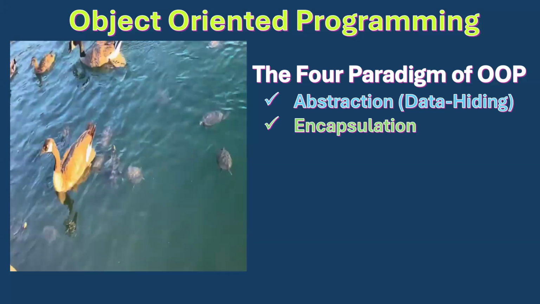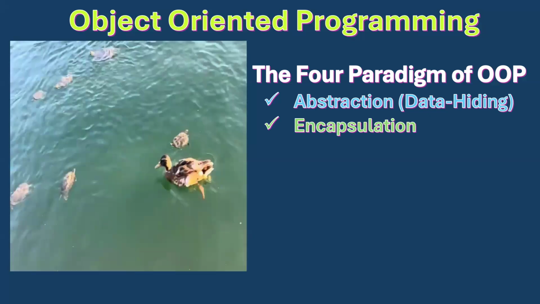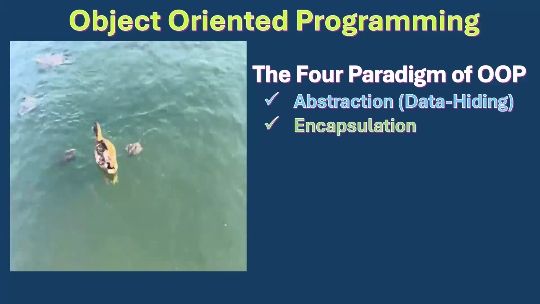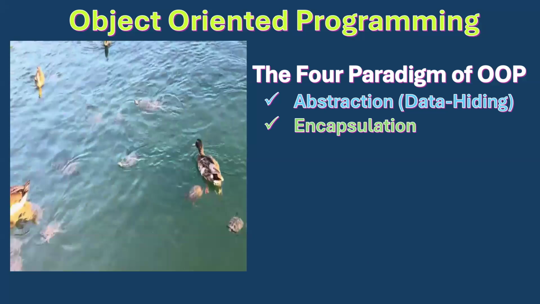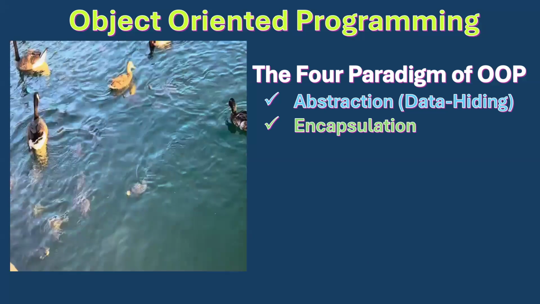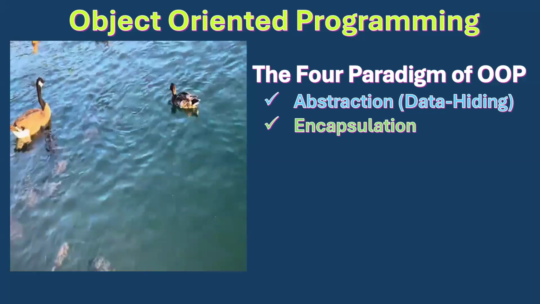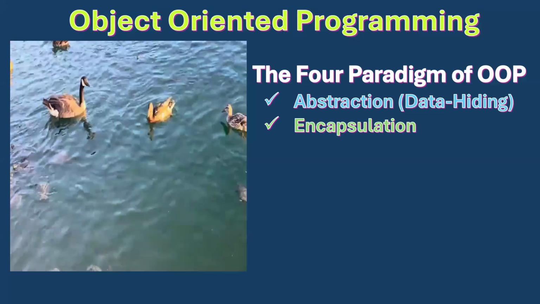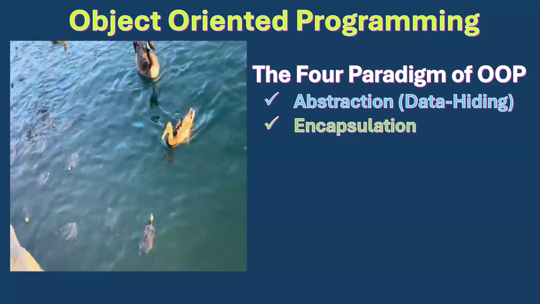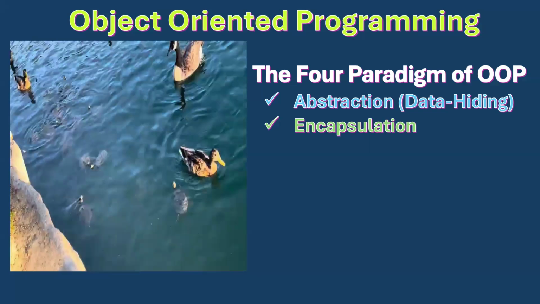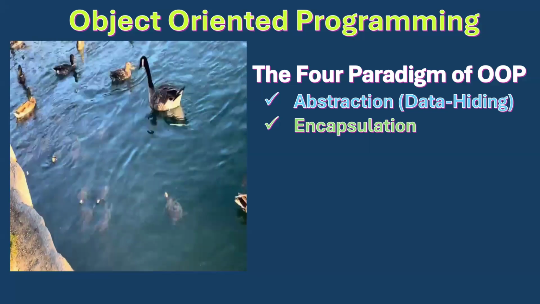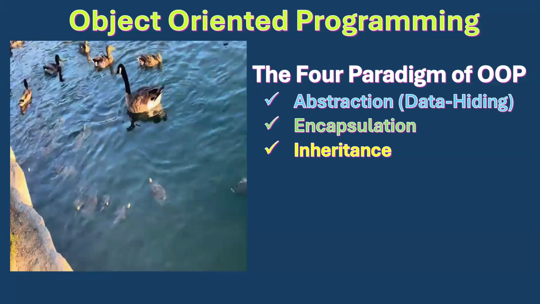Once you instantiate each one of them as a duck, as a turtle number 1, number 2, then you're putting those attributes and those methods with each object, and you're defining it as encapsulation, and that is that object. So now you can do certain things with it, and you cannot do certain things with it.